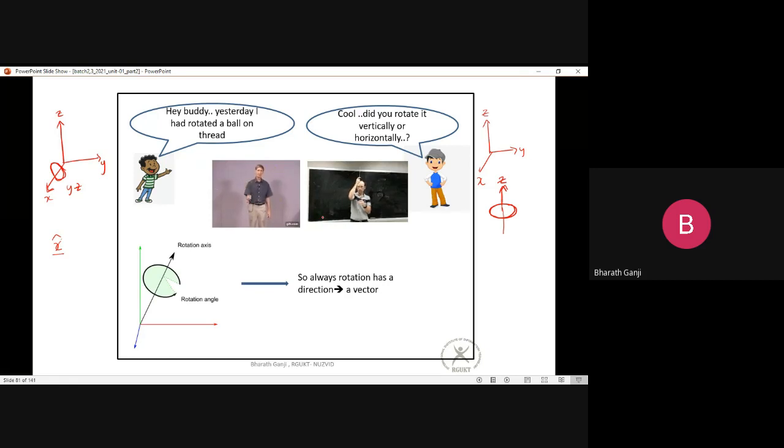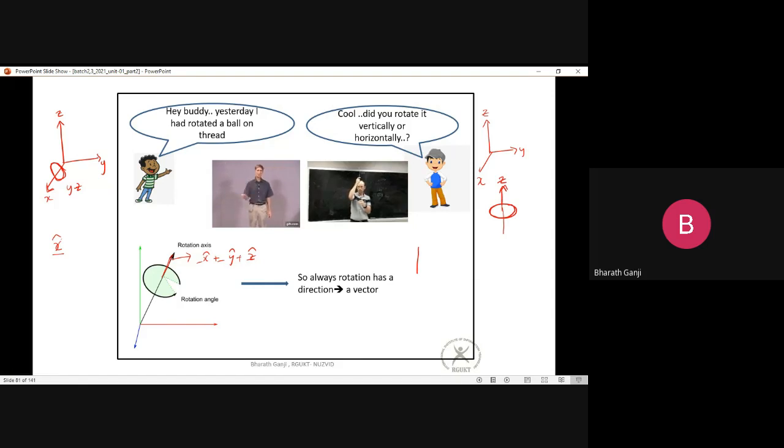In the same way, if you are rotating in some random direction like this, then I can say the rotation axis will have three components: x component, y component, and z component. When I say that a particular rotating vector has three components, usually people think it rotates in three directions only. కాదు. What it does mean is that you are rotating the object at a certain angle, అంటే ఏదో ఒక ర్యాండమ్ డైరెక్షన్లో రొటేట్ చేస్తున్నారు.